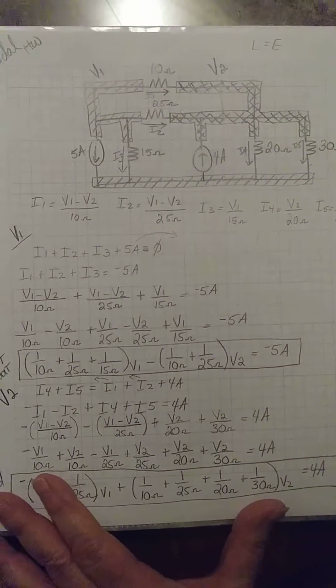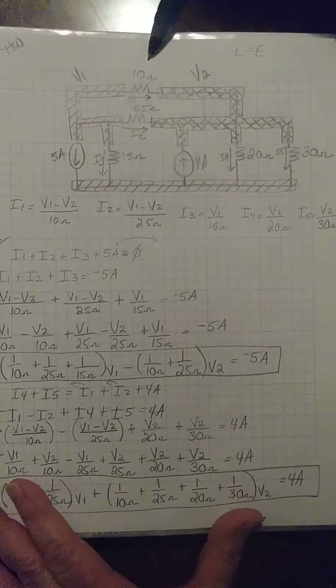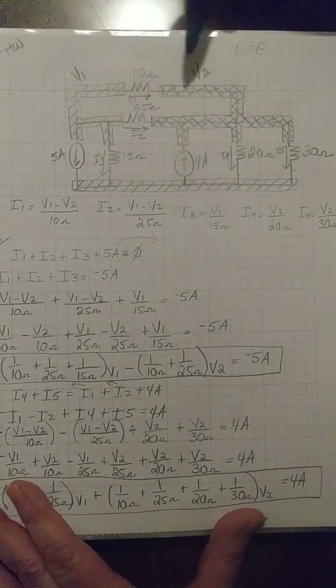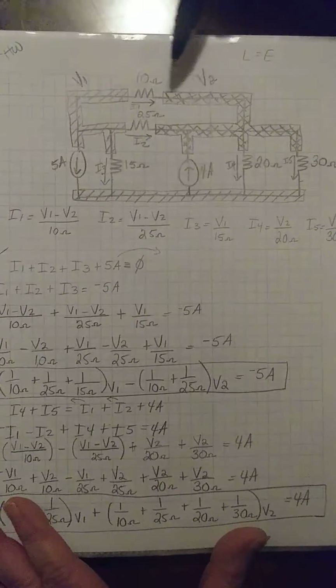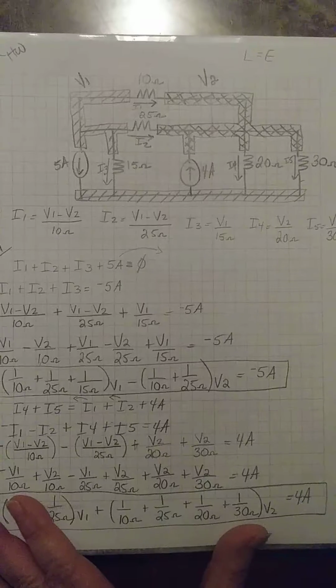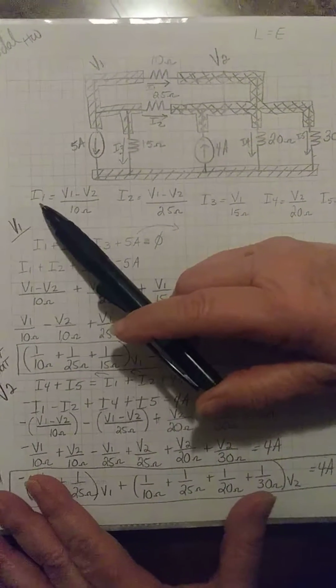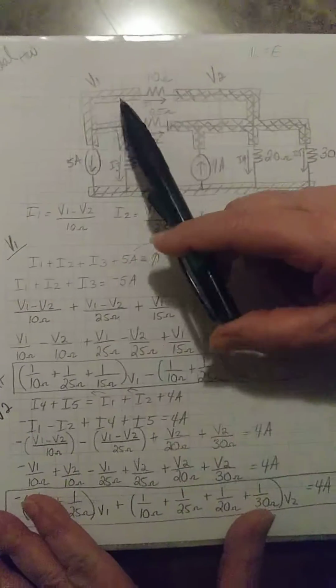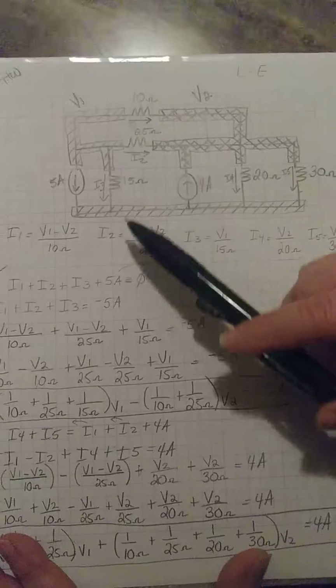The first thing we need to do with nodal analysis is define the currents. When a resistor is between V1 and V2, you must subtract V1 minus V2 and then divide by the resistor that is there. So the first thing we're going to define is I1. I1 is (V1 minus V2) over 10 ohms.